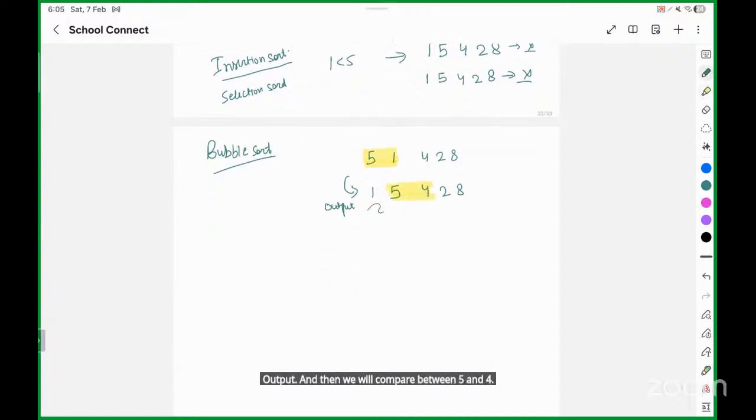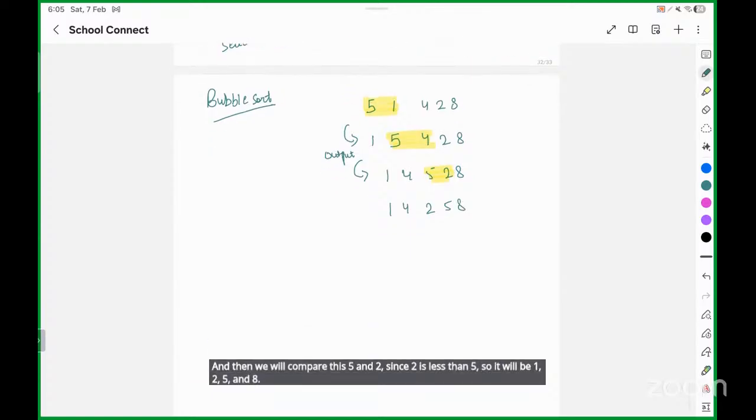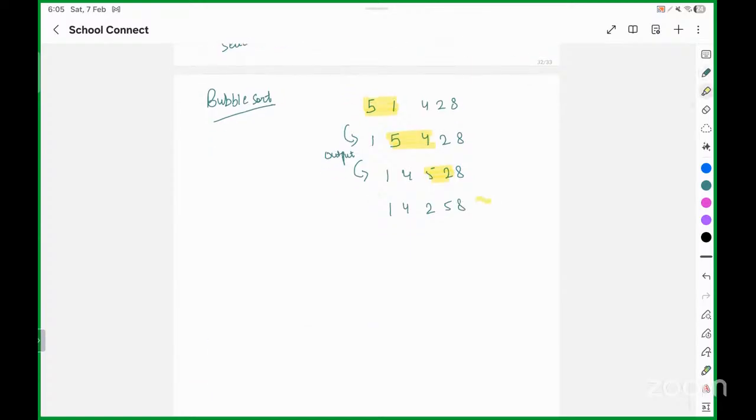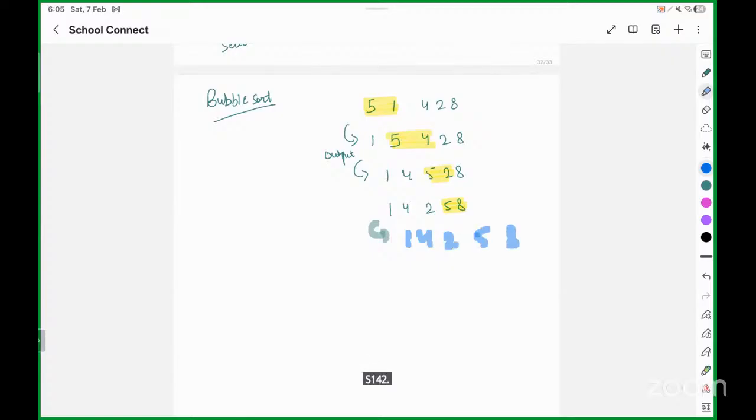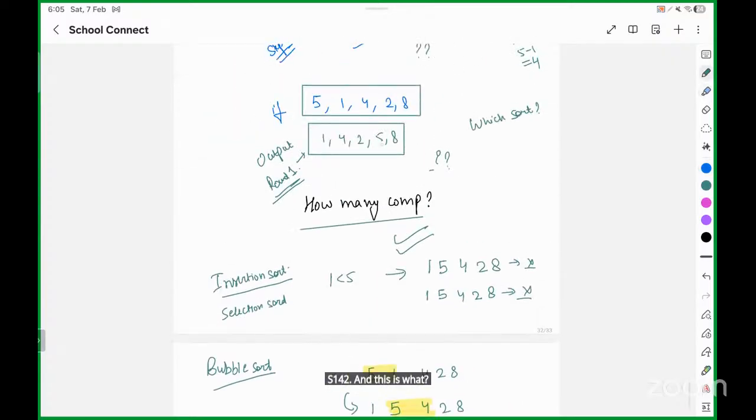This will give me 1, 4, 5, 2, 8. And then we will compare 5 and 2, since 2 is less than 5, so it will be 1, 4, 2, 5 and 8. And then we will compare 5 and 8. And since it is sorted, it will give me the output as 1, 4, 2, 5 and 8. And this is the output which is given here.